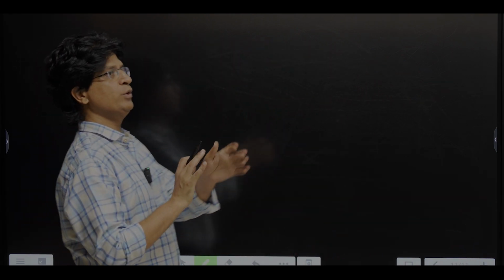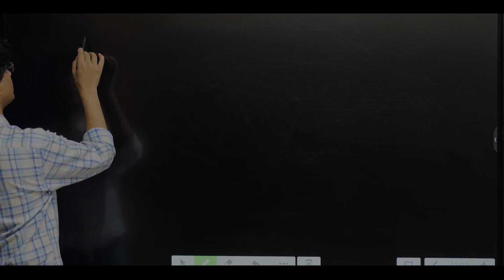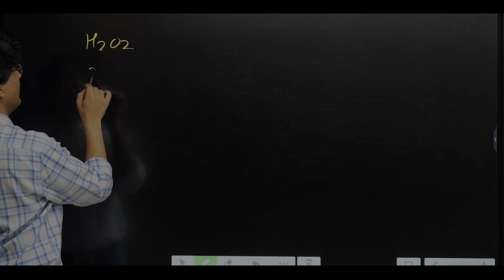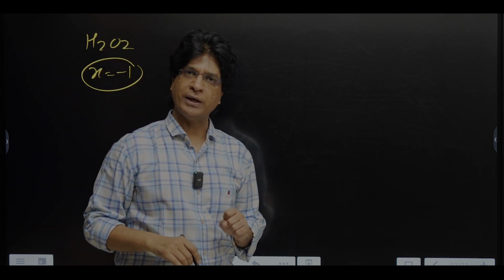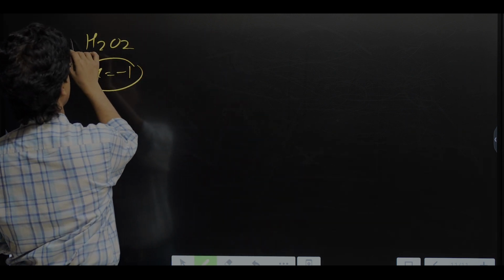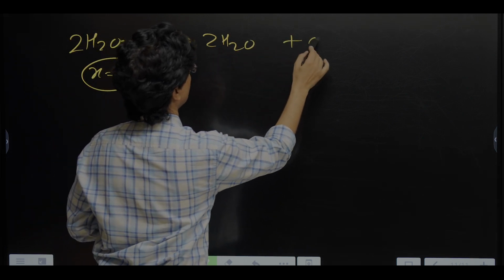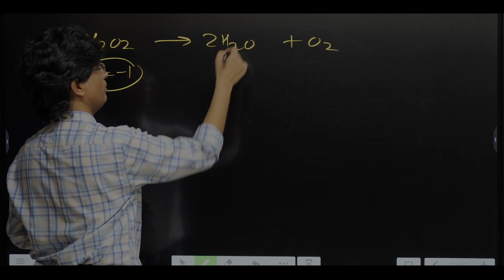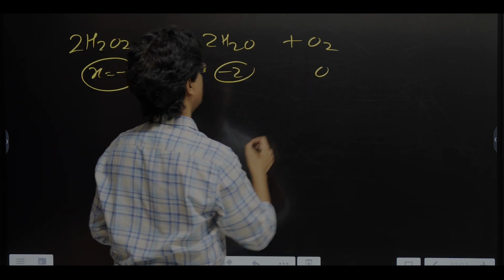I want to tell you one thing. In H2O2, X is equal to minus 1, the oxidation state of oxygen is minus 1. And if it decomposes, it will give you 2H2O plus O2. Here in water, oxygen will be minus 2, and here it will be 0.